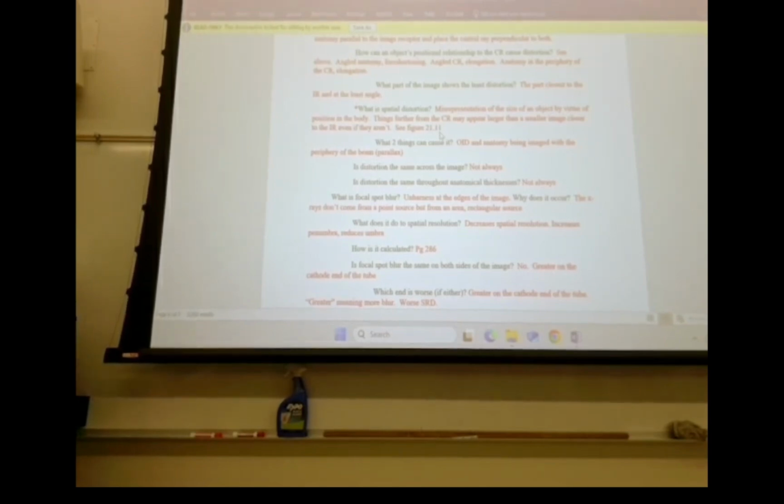It's kind of a complicated formula, so I would lean towards there's not one. I think components is what I'm looking for on the test: what do you need to know to calculate it, more so than actually calculating it. For focal spot blur.